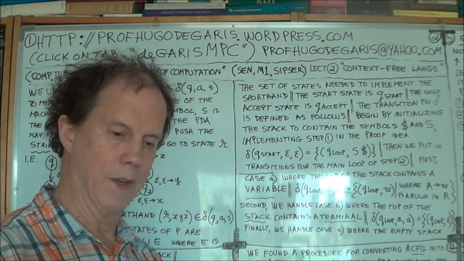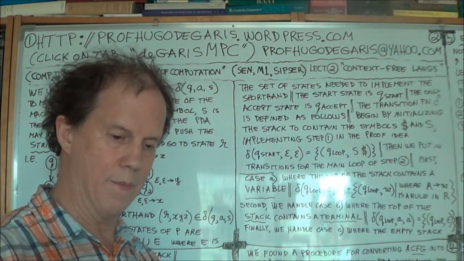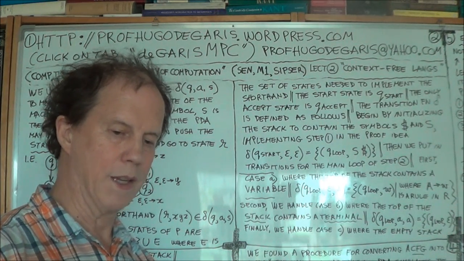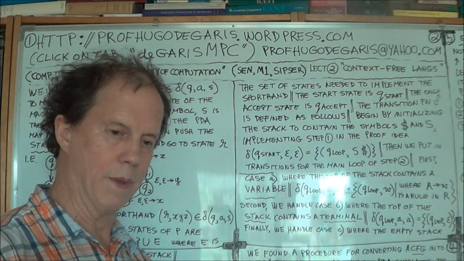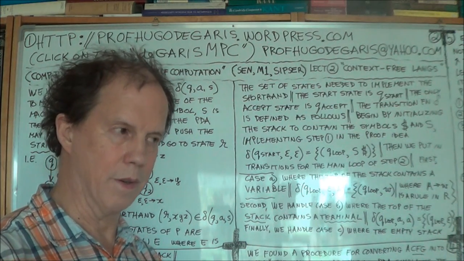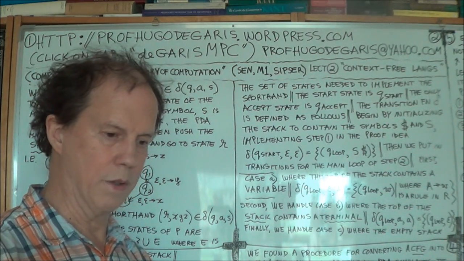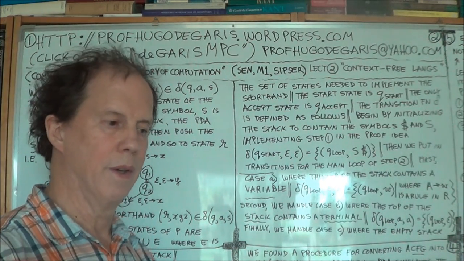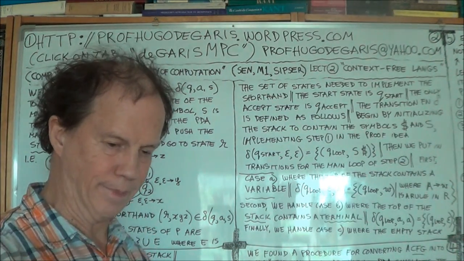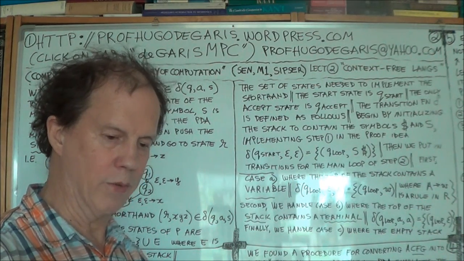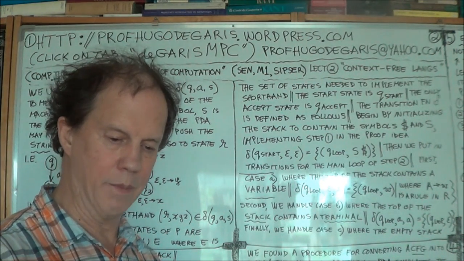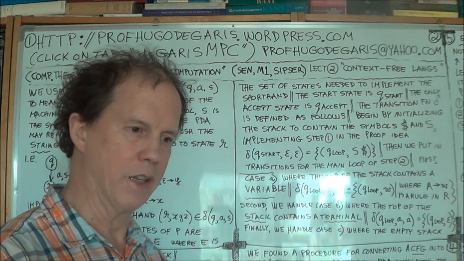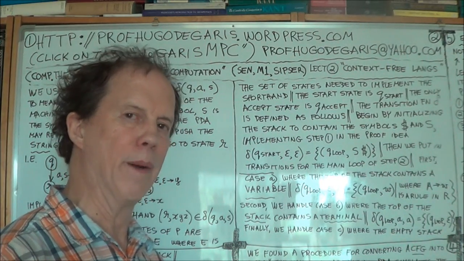Now, if it gets to the accept state by a series of applications of substitution rules, then it's behaving equivalently to just accepting the input string and generating it by acting as a grammar.